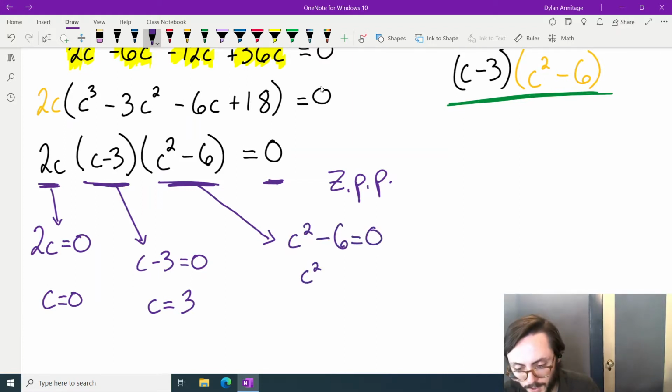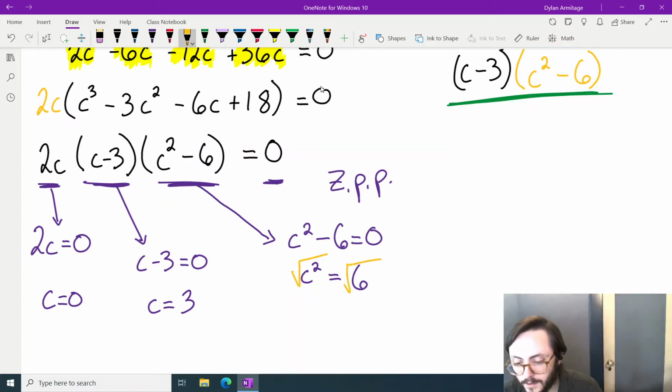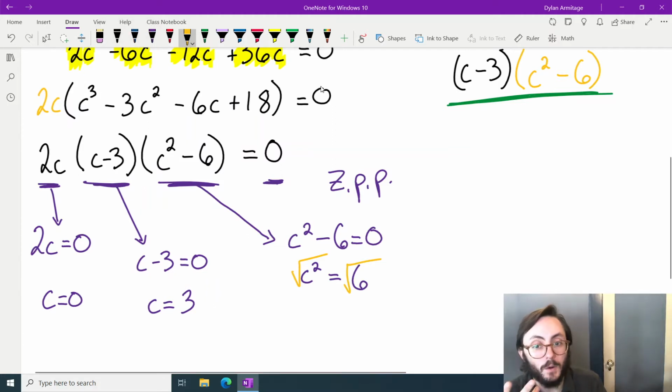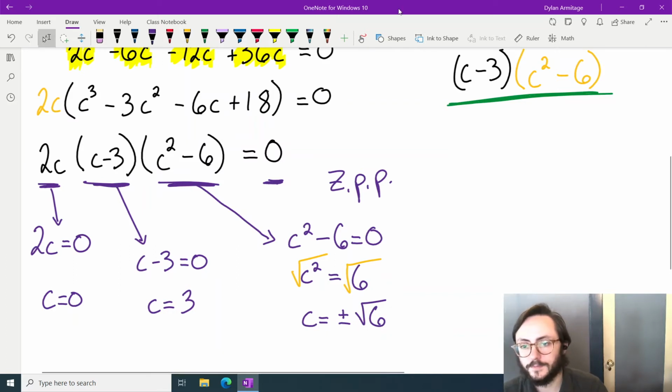So c squared equals positive 6. And then if we take the square root of both sides, remember, if we take the square root of a square, our even exponent, our final answer will then have to be plus or minus the square root of 6.